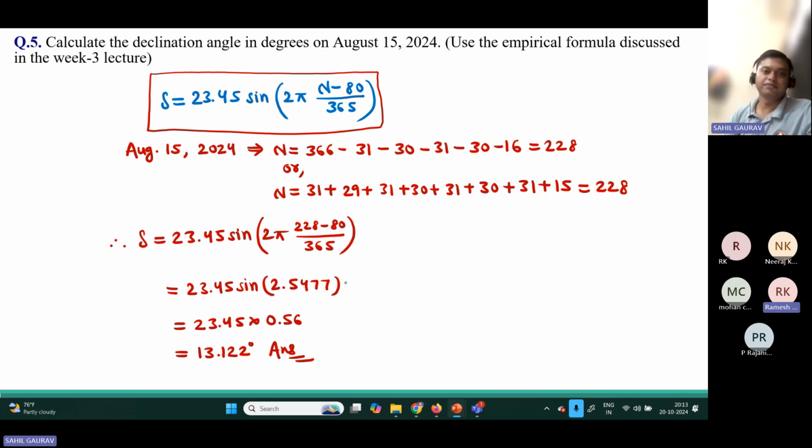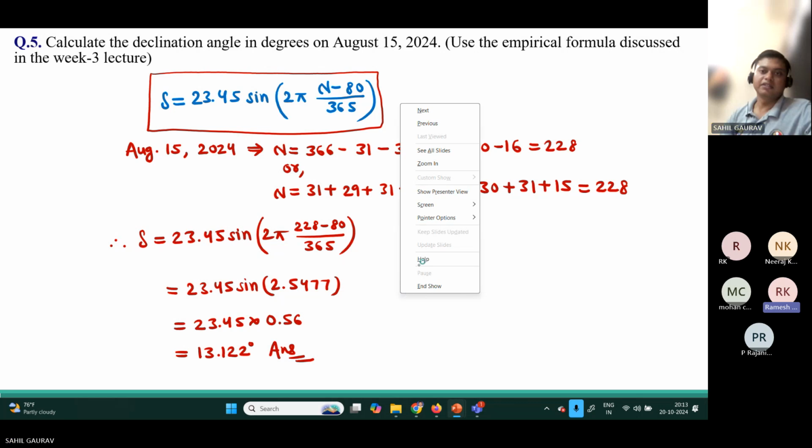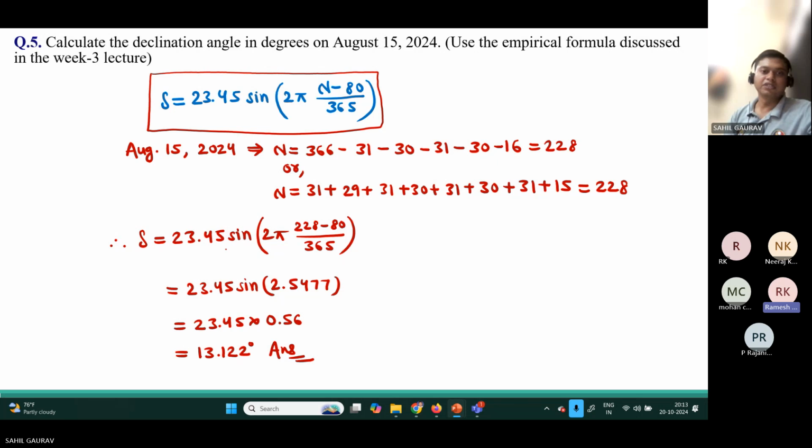Actually, in this question and many questions I solved, in some places through degree, in some places through radians, but it's not clear where we have to solve from radians and which question to solve through degrees.